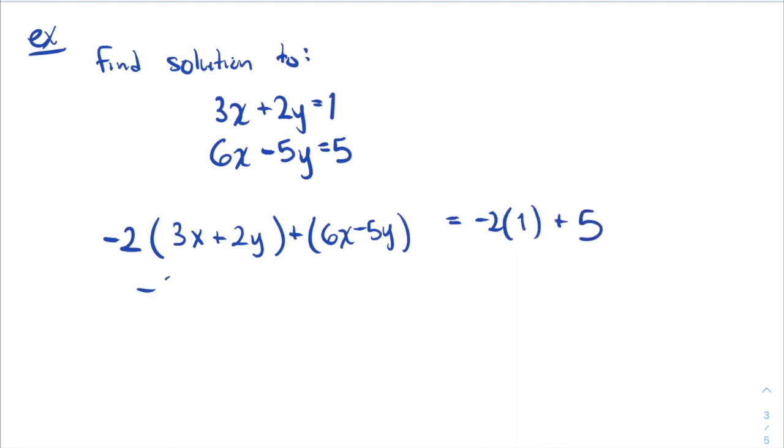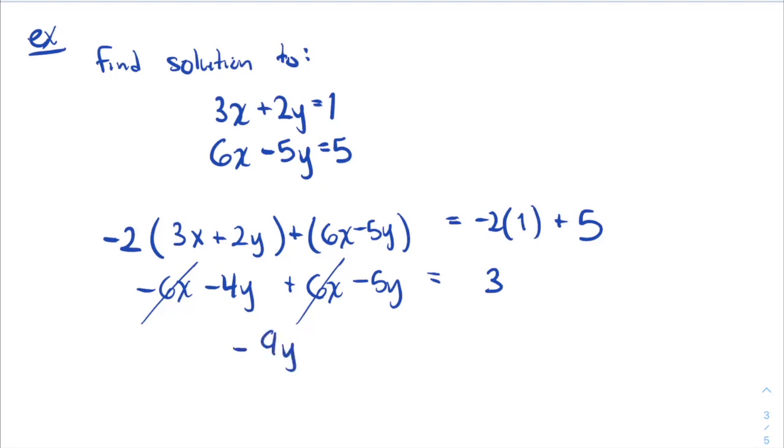This would give us -6x minus 4y plus 6x minus 5y equals -2 plus 5, which is 3. Here we have our 6x's cancel as we would like, and we're left with -9y equals 3, or that y equals -1/3.